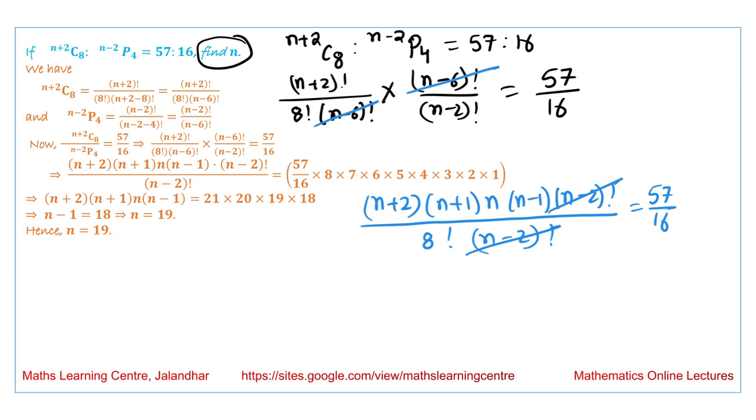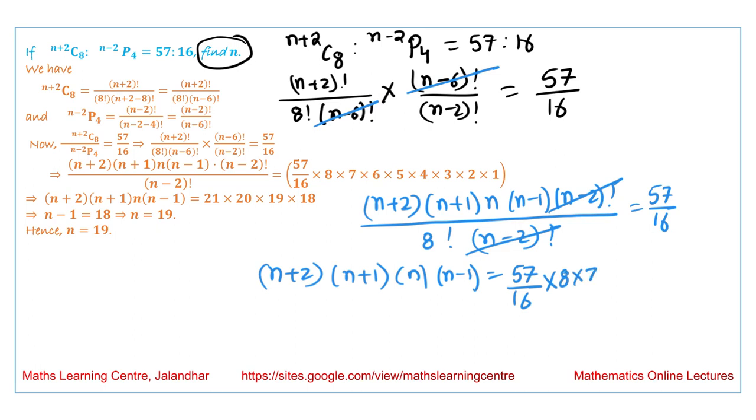N minus 2 factorial gets cancelled. So what we get over here is n plus 2 into n plus 1 into n into n minus 1, that should be equal to 57 by 16 into 8 factorial.